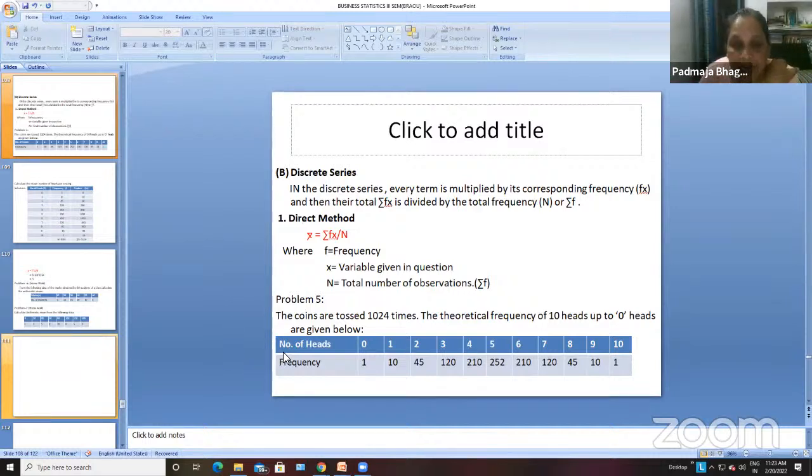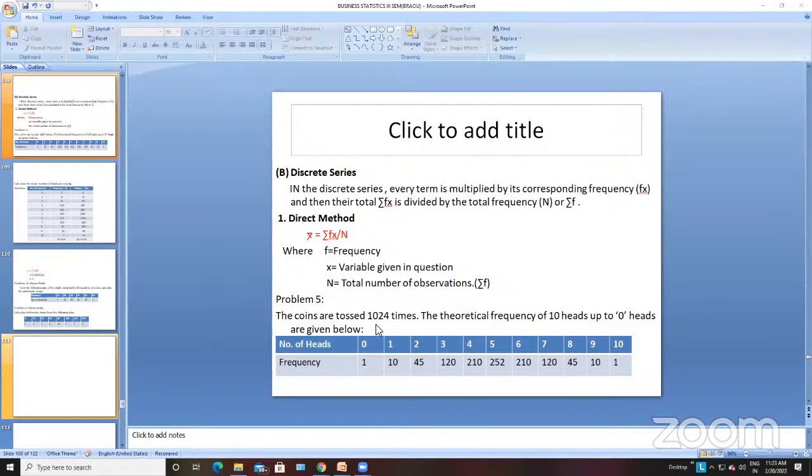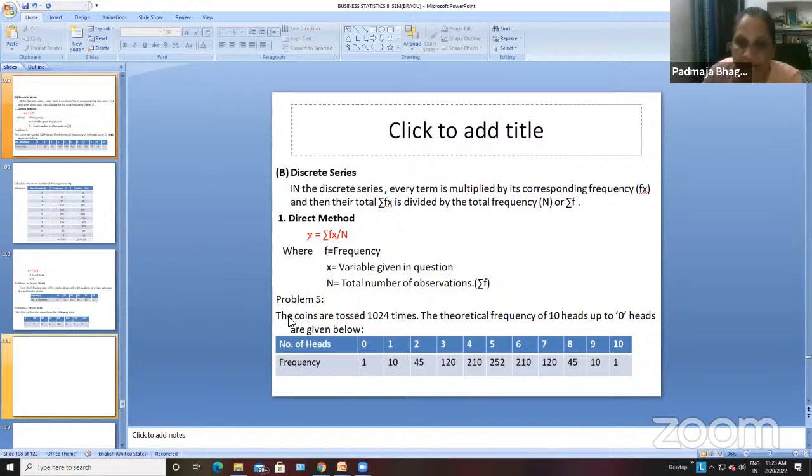But here, how many coins are tossed? How many times? That is 1024 times. That is the n. In the question, he has given that the coins are tossed 1024 times.